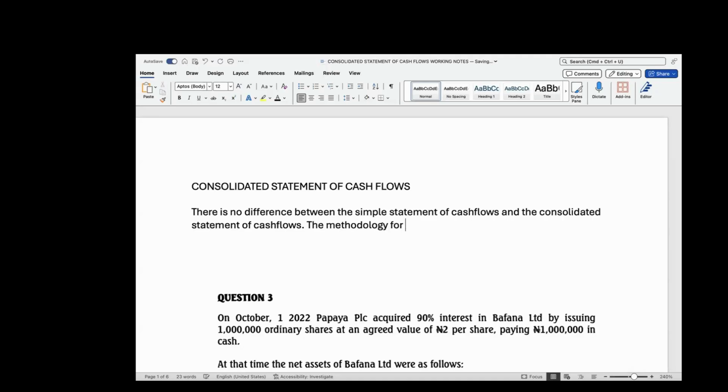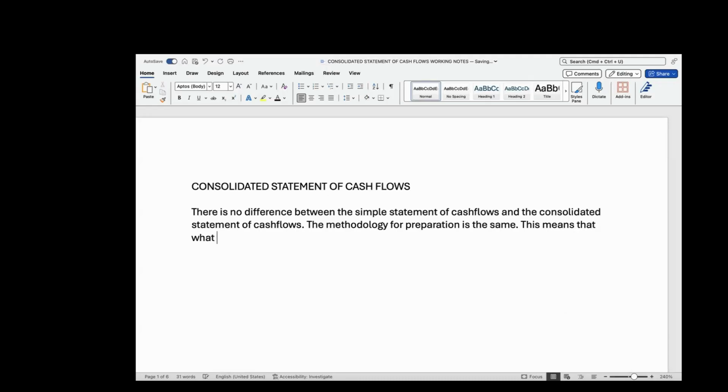This means what you need to capture is the changes in financial position. If you remember, the approach I used to teach you the statement of cash flows was by identifying changes, movements. And when you are able to successfully capture those movements, then you are fine.